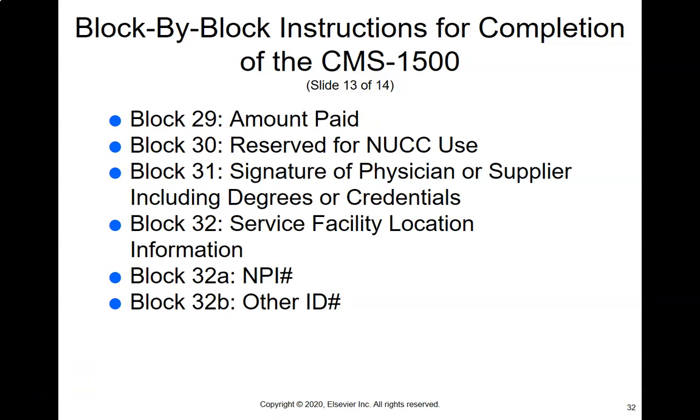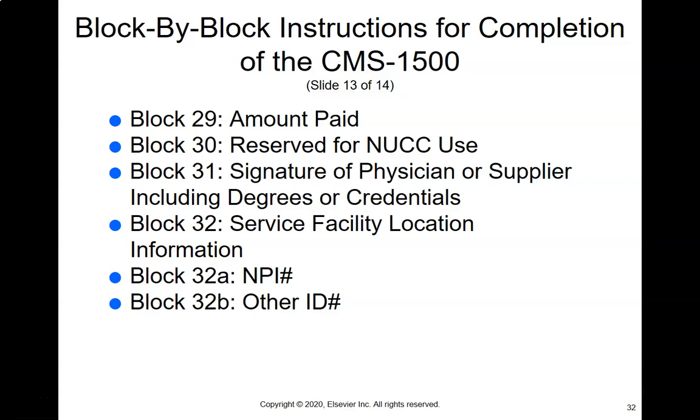Block 29 is the amount paid, and that is where you would put if the patient paid a copay. Block 30 is reserved for NUCC use. Block 31 is the signature of physician or supplier, including degrees or credentials. Block 32 is the service facility location information.